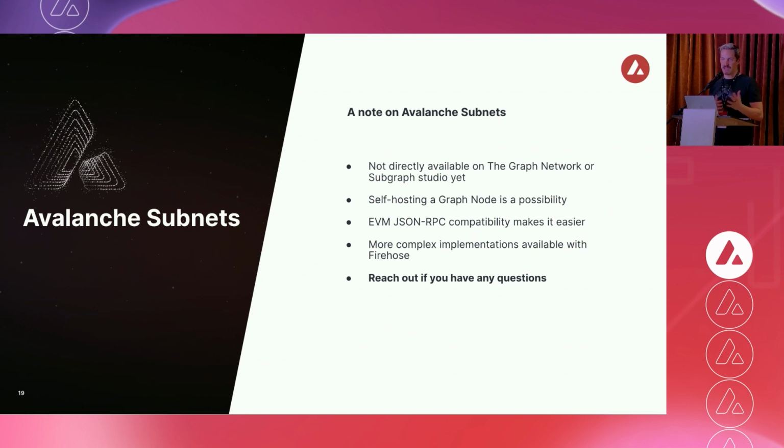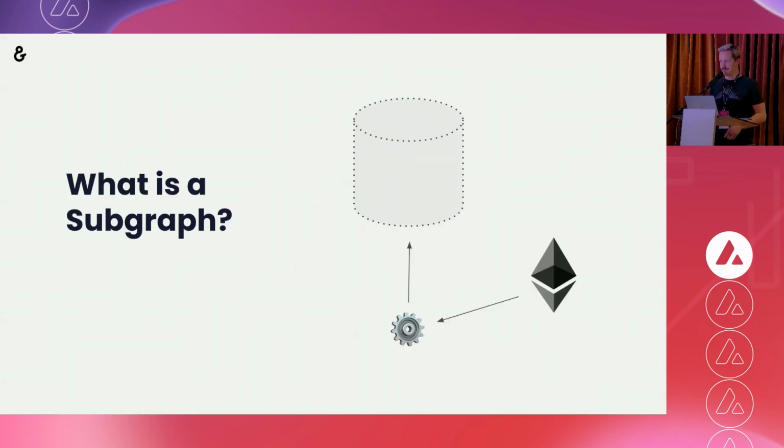Some subnets don't necessarily need to be EVM compatible, which is good and bad. It's good because we have more flexibility in how to build that subnet, but it's bad because then maybe some integrations will be more complex. But that's also possible with The Graph. There's a technology called Firehose, which is blockchain agnostic and can bring data quickly into The Graph and other data solutions. So if you want to go that route, again, reach out. There are possibilities to do that.